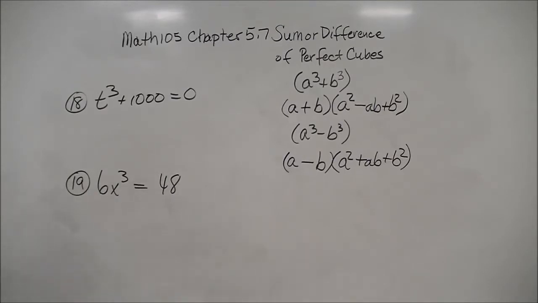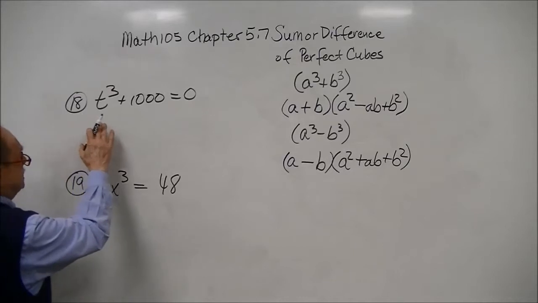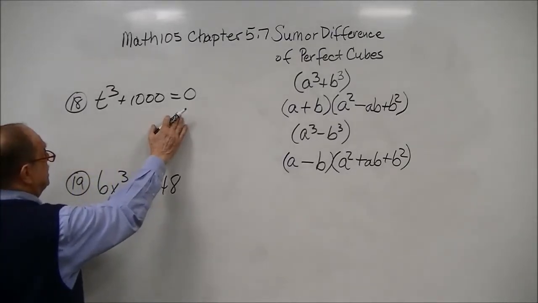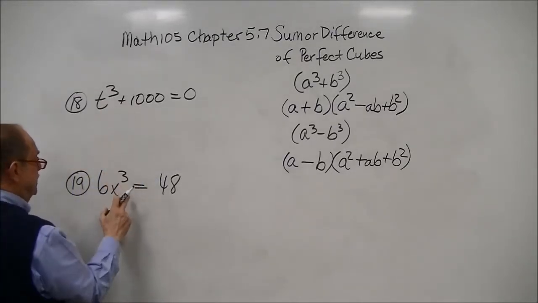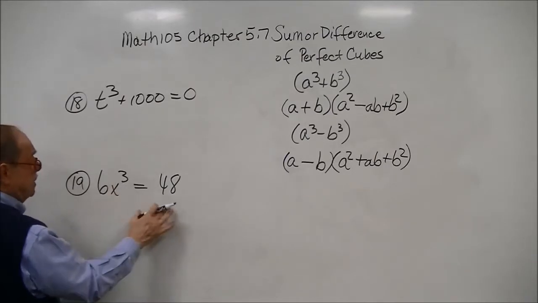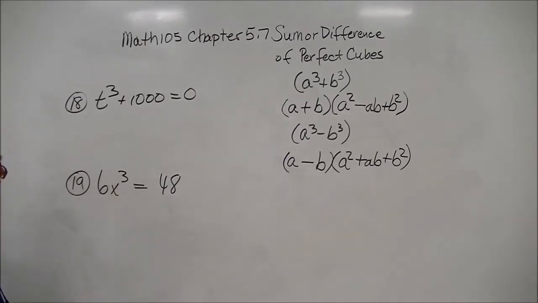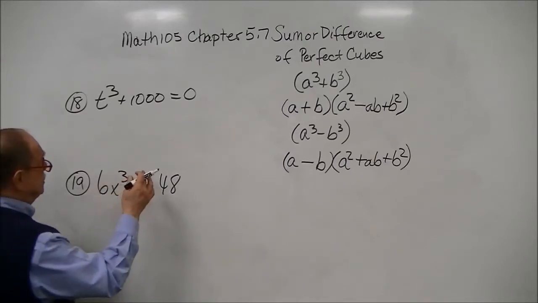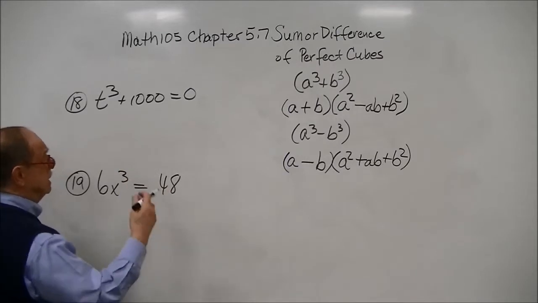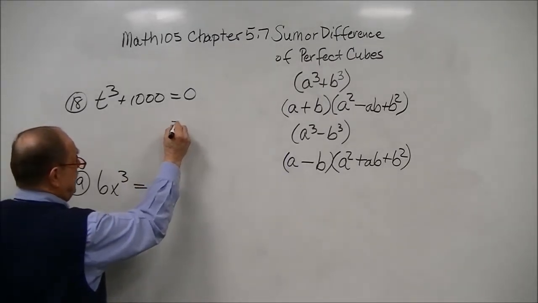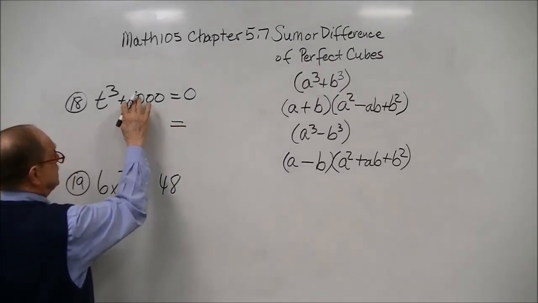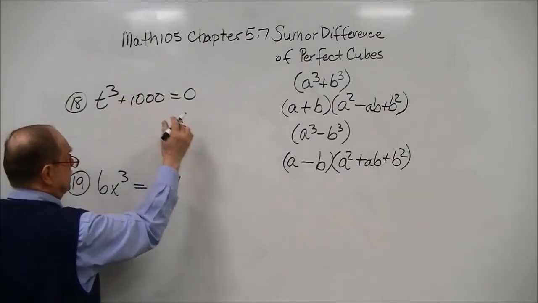Now, what they've given us here is an equation to the third degree, and another equation to the third degree, and you're wondering, what would be the strategy to solve this? Well, a little later on, you're going to be dealing with radicals, and I'm not sure whether they're going to use that technique or another, but the easiest way to solve this is just transpose the 1,000.